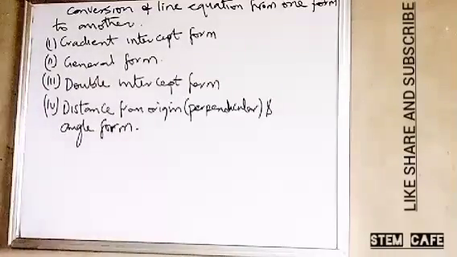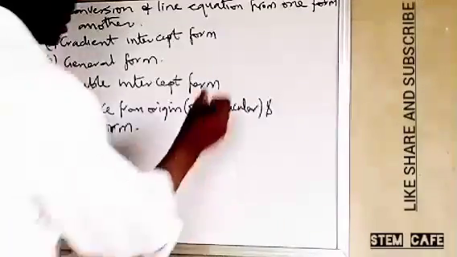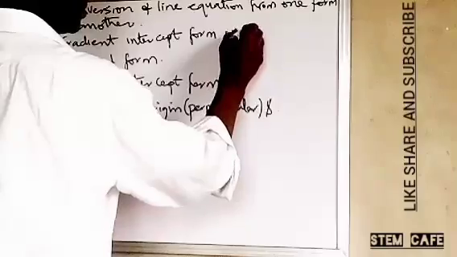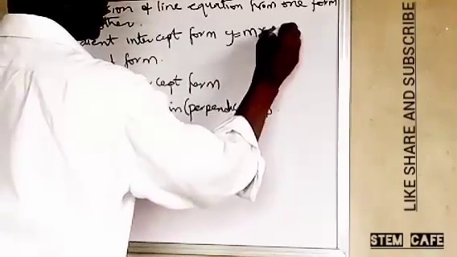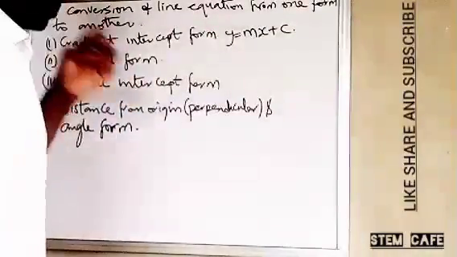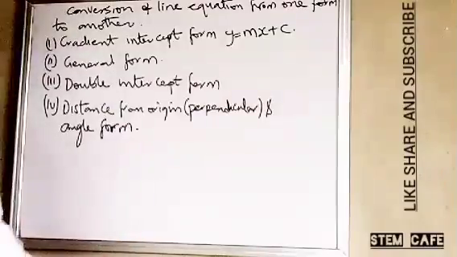Now we have come to conversion of line equation from one form to another. Most of the time we are given the equation in gradient intercept form like this: y equals mx plus c. In this place, m is the gradient, where c is the y-intercept.